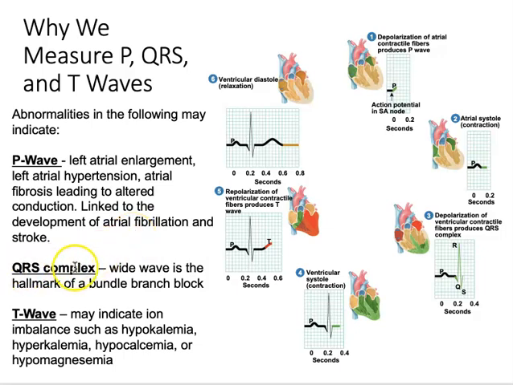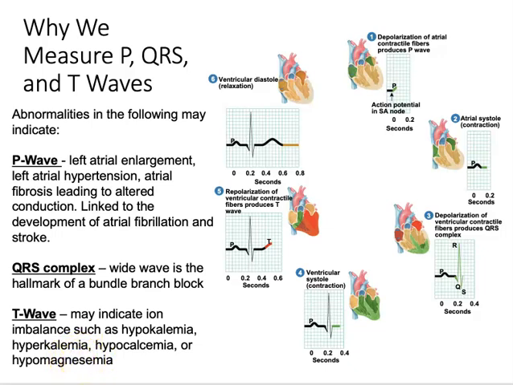A QRS complex that is wide is a hallmark of a bundle branch block, meaning right here there's some sort of scar tissue that is preventing the electrical signal from going quickly to where it needs to go, which means that the peak widens. An abnormal T wave may indicate an ion imbalance, such as too low or too high potassium levels, too little calcium, or too little magnesium.